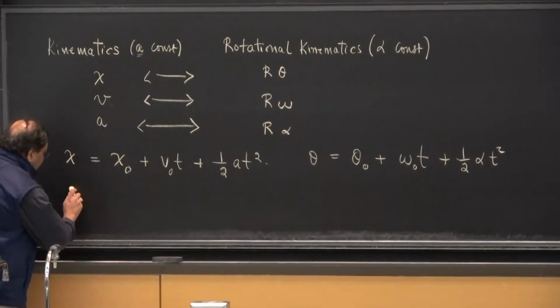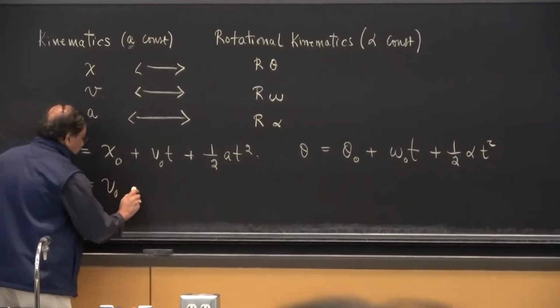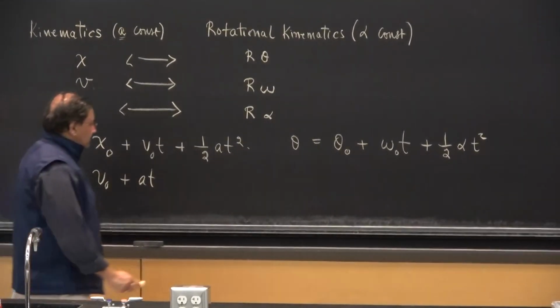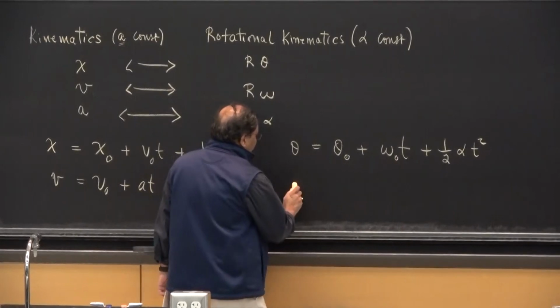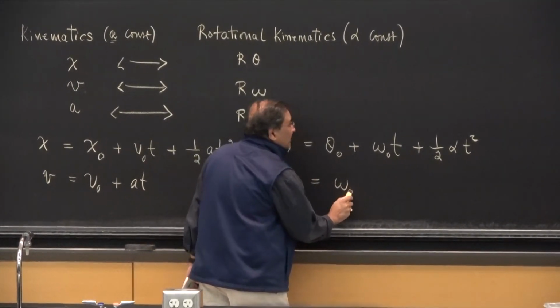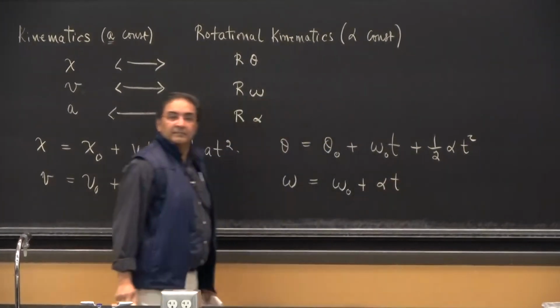We can think about v being v0, initial velocity, plus acceleration times time. That was one of the formulas that we worked with. Correspondingly here, for v we have omega, so omega would be omega 0 plus angular acceleration times time.